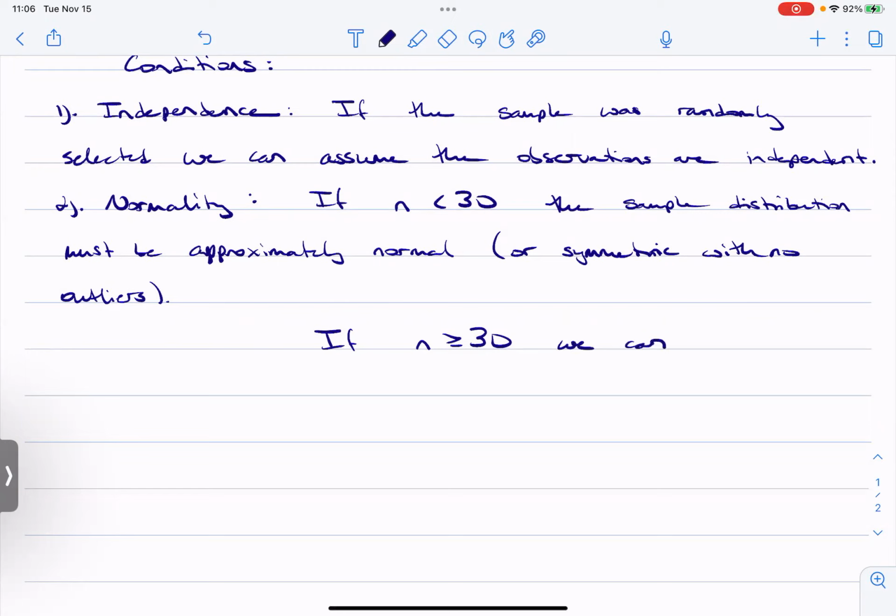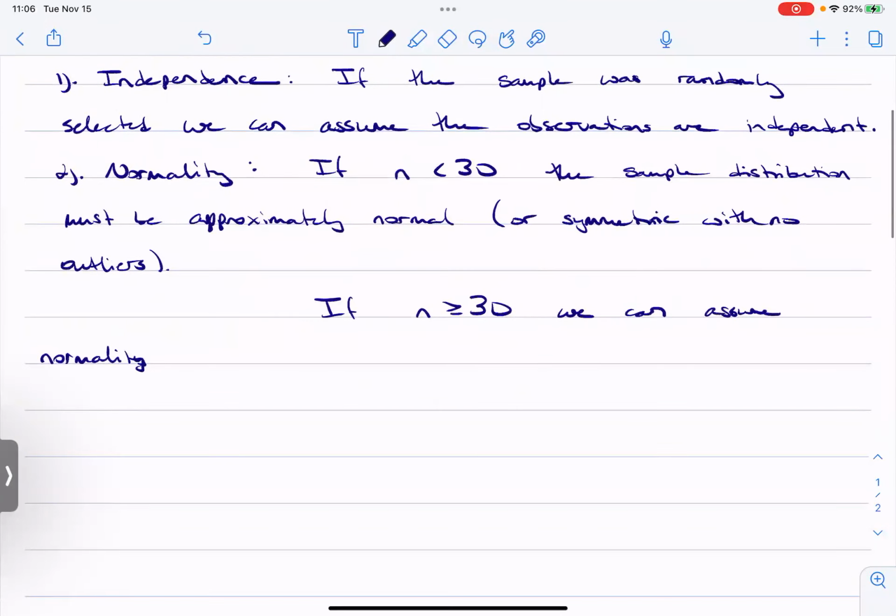If n is greater than or equal to 30, we can assume normality, as long as there are no clear outliers. We can handle some outliers, but just nothing drastic.